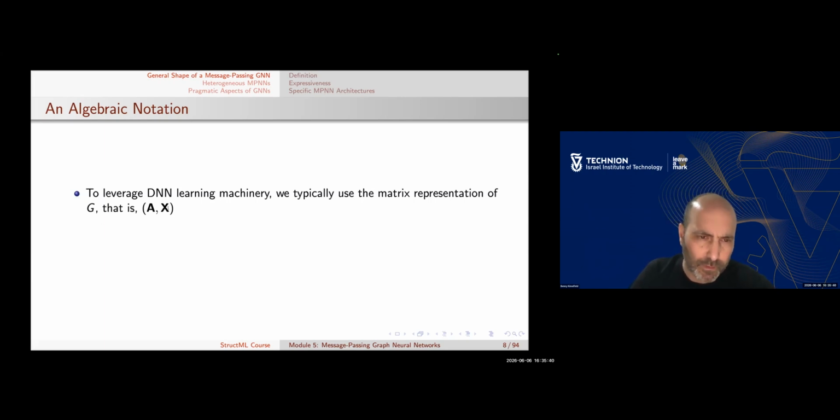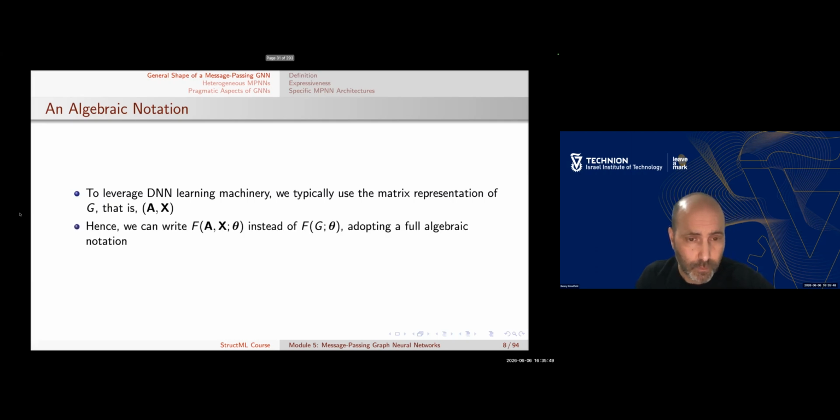So instead of looking at a function of G, we'll look at a function that gets the matrix A and the matrix X, and we may write f of A, X with the parameters theta.